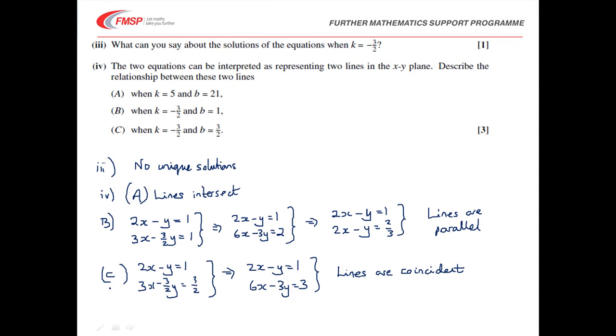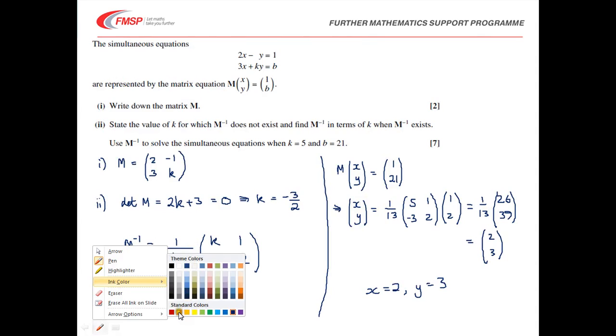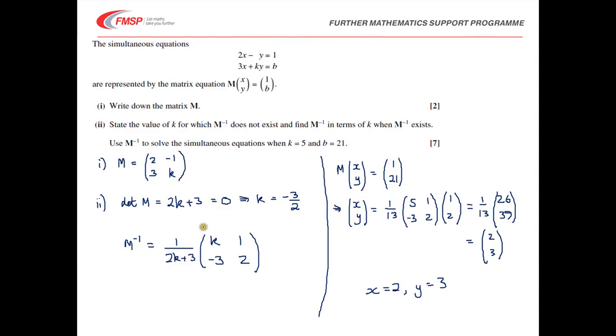Okay, let's go back and see how the mark scheme works for this final question. Write down the matrix M. It's 2 marks and it's minus 1 for each error. For part 2, there's a method mark for observing that you need 2k plus 3 equaling 0, and an accuracy mark for getting k equals minus 3 over 2.